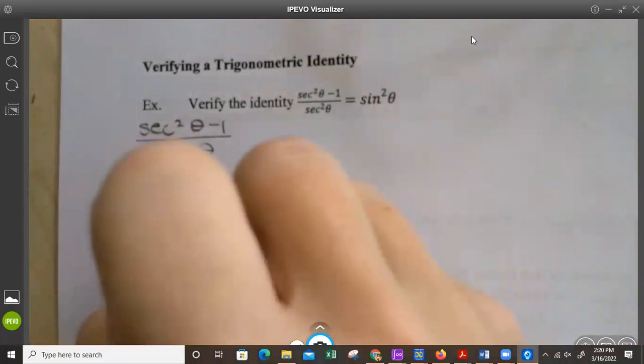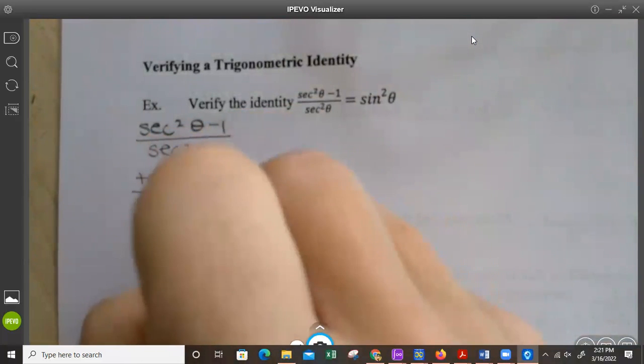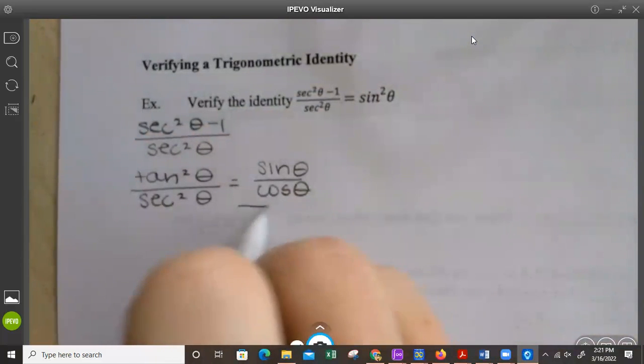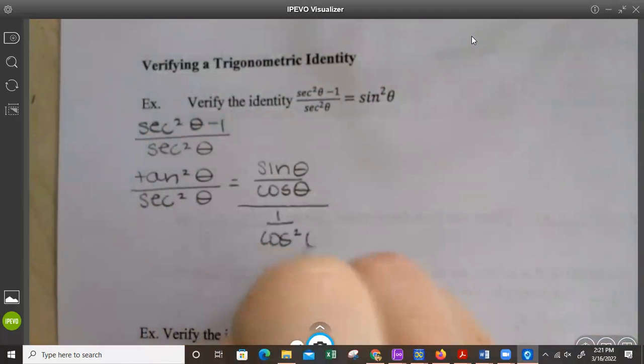Okay, so we're gonna write that. Sine theta over cosine theta. What is secant? One over cosine, and it's secant squared, so we're gonna do cosine squared.